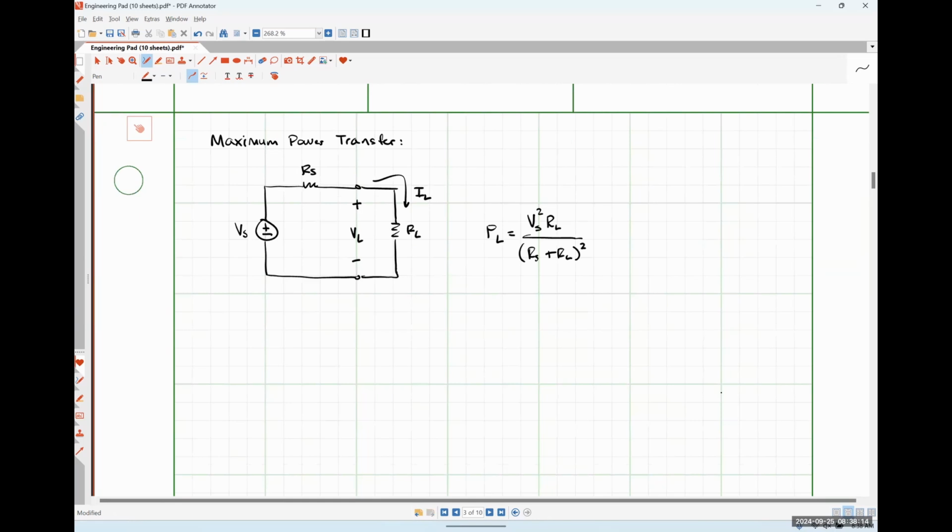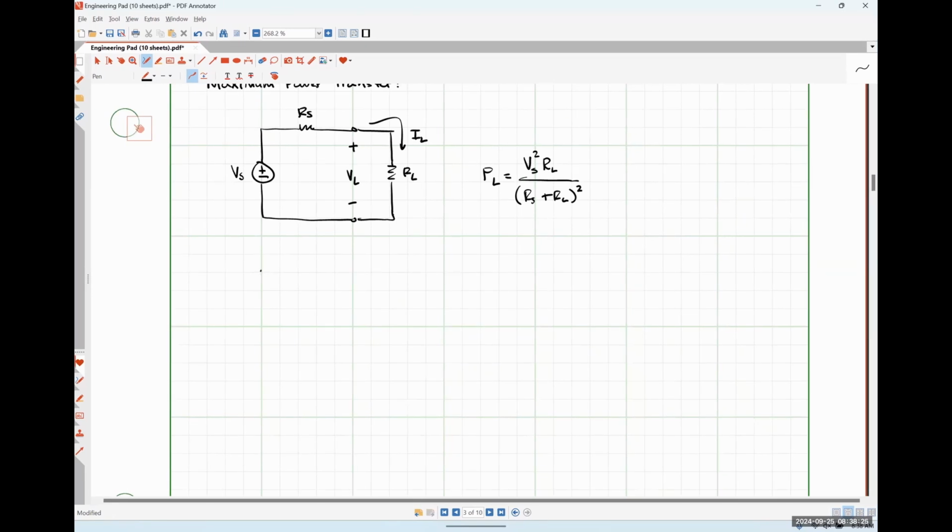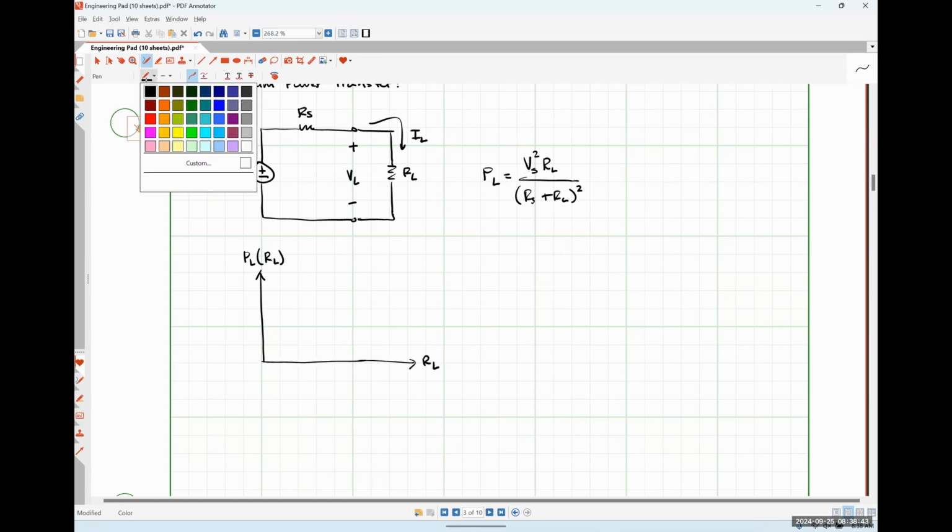So we could plot our power as a function of resistance, okay? So if on this axis, I plot PL as a function of load resistance RL, what I should get is a graph. This will be RL over here. So what I should get is a graph that looks something like this.